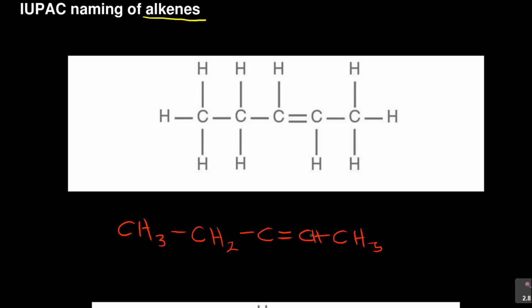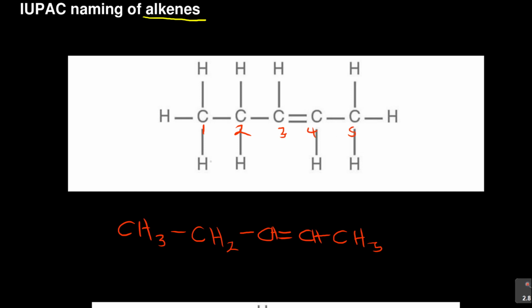This one is CH and also here it's CH. So it's 1, 2, 3, 4, 5. It's also 1, 2, 3, 4, 5. So this is the structure that I have. I can just mention this is 1, 2, 3, 4, 5.